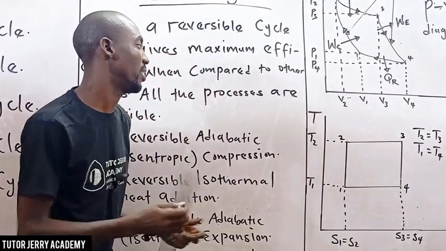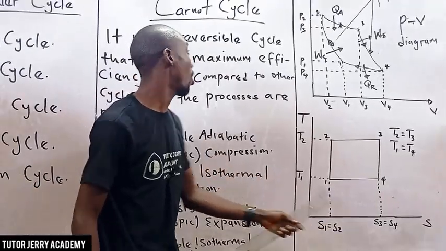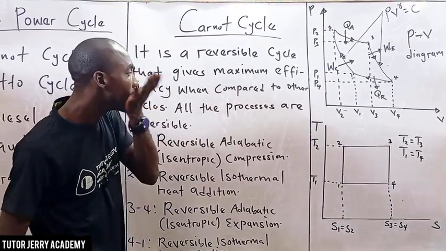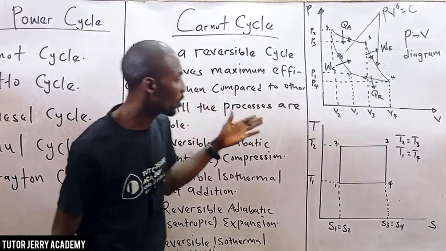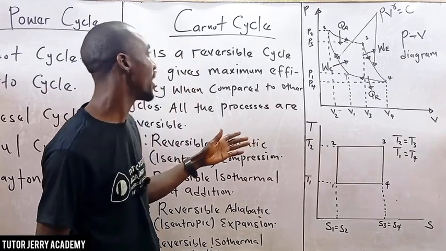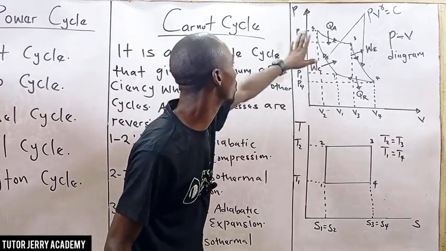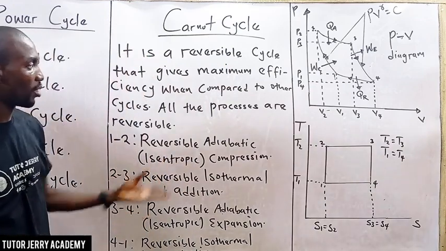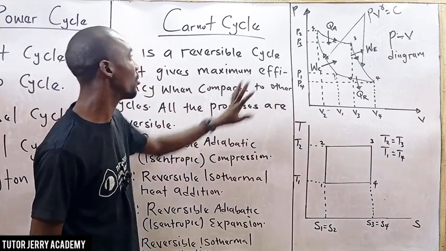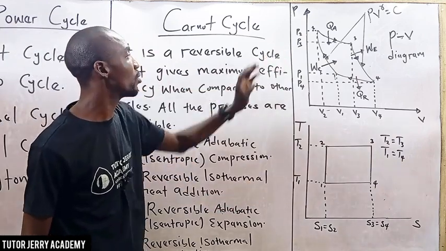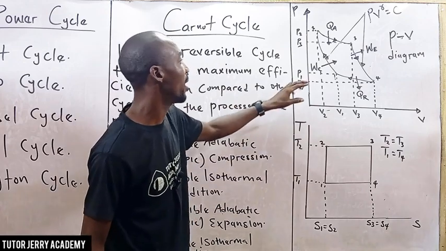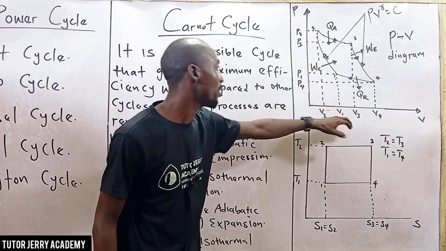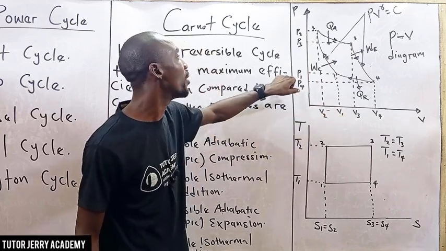So this is the TS diagram of a Carnot cycle. All right. Now, we said, what other point do we need here? We said that process 1 to 2 is a reversible adiabatic compression. During that process, I explained that the volume of air reduces from V1 to V2, while pressure increases from P1 to P2.